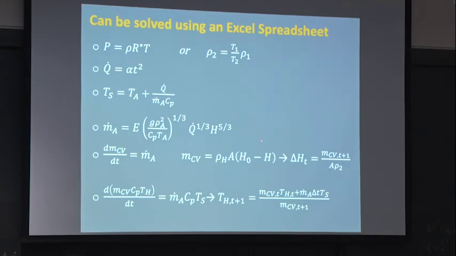MA is your entrainment coefficient. I discretize my conservation of mass for the control volume at the top of the smoke layer. So basically this is just a discretized version of it, okay? And then I discretize my conservation of energy, and here is the discretized version of that, okay?